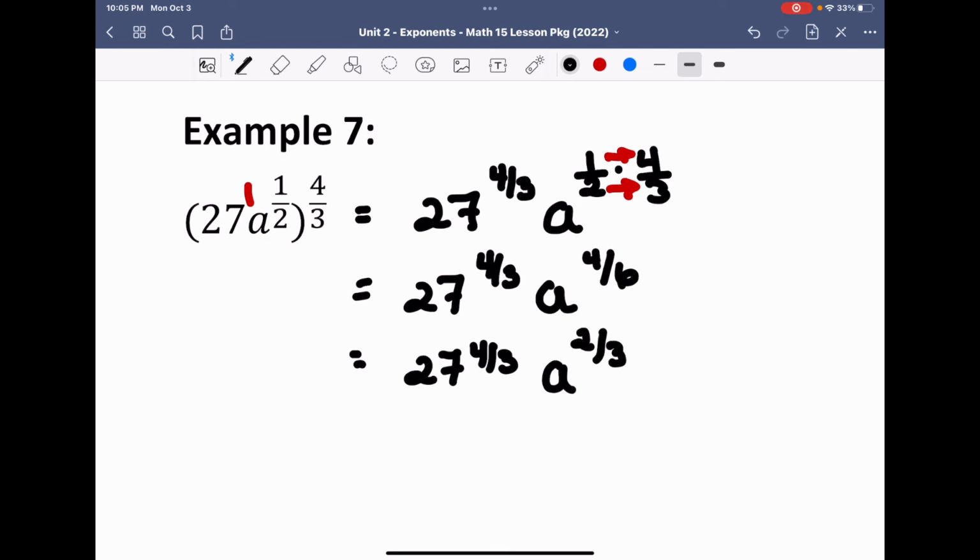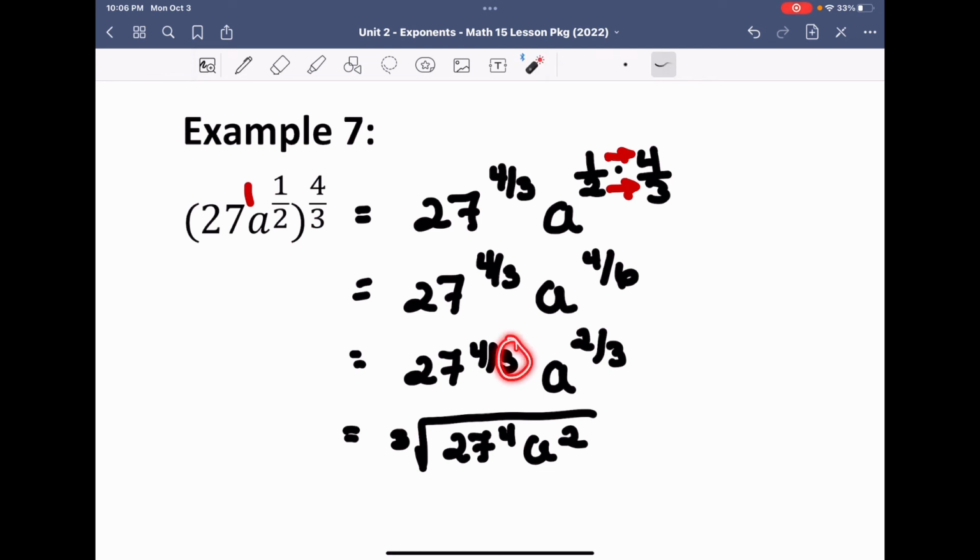Okay, this is interesting because we have index values, or bottoms of our rational exponents, that are equal. Meaning what I could do is say this is equal to the cube root of 27 to the fourth power a to the second power. That would be totally valid because they share the same index value, or the same denominator of the rational.